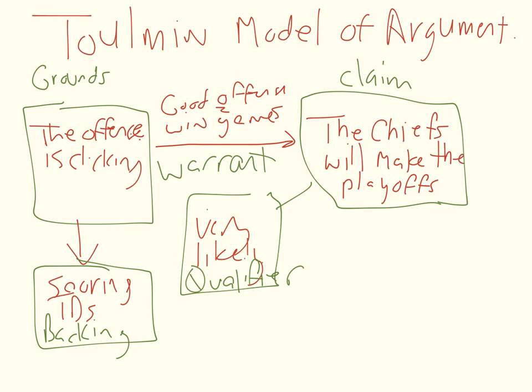It's often noted by probably, it's very likely, presumably, maybe, usually, and it shows how the warrant is connected to the grounds. Okay, so because the offense is clicking, it's very likely that the Chiefs will make the playoffs this year. Okay, so that's a qualifier. And so qualifiers are our degree of certainty, or the degree of force of the argument.